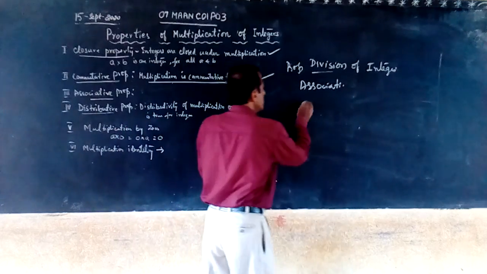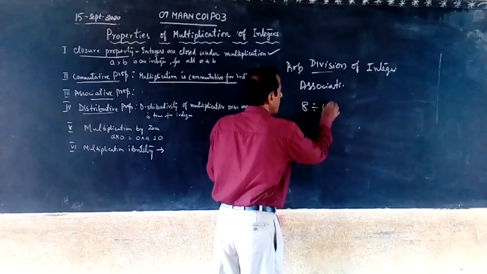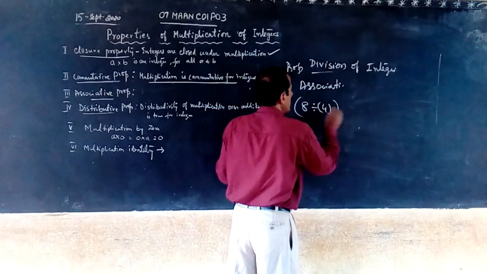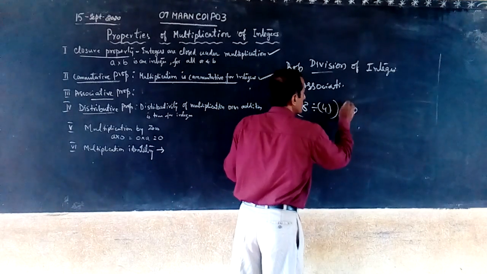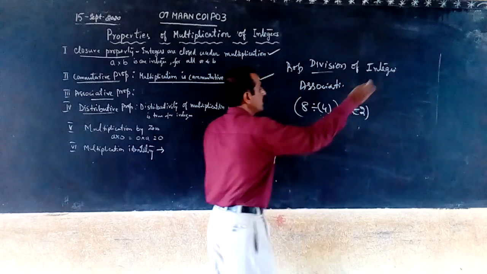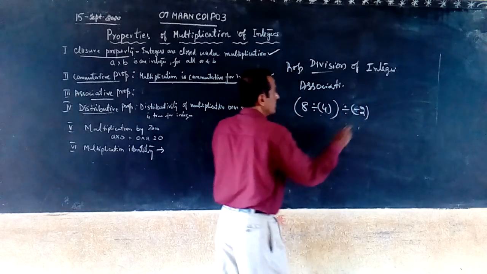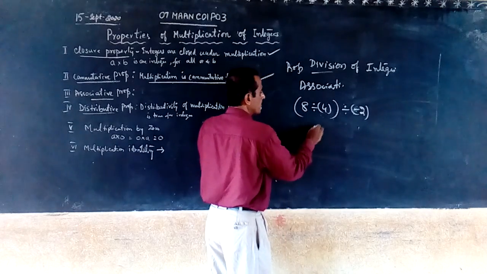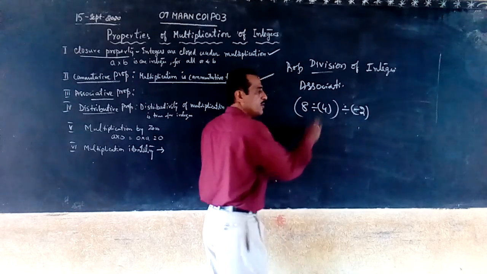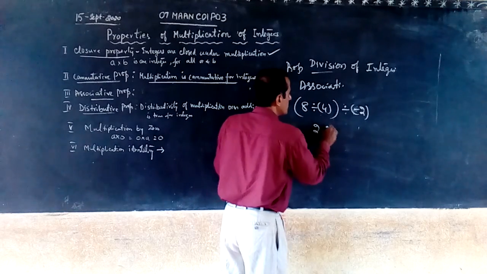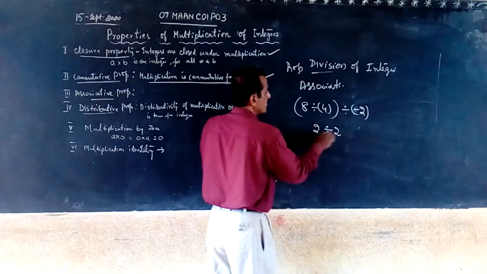See here, 8 divided by 4, again divided by, say, minus 2. I will write it. If you group these two, what is the answer of this? 8 divided by 4 is 2. So it is 2 divided by minus 2. What is the answer?